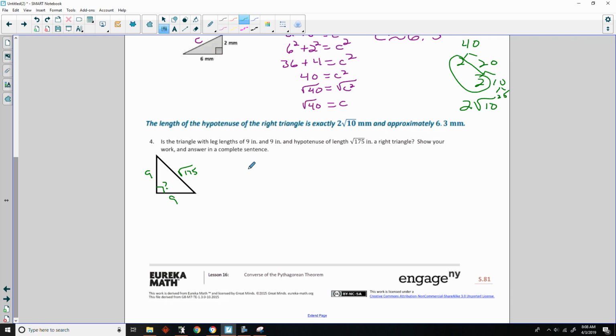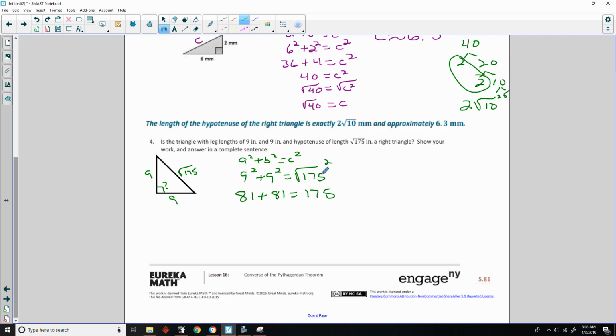All right, so I'm going to write the formula. A squared plus B squared equals C squared. A squared is 9 squared, B squared is 9 squared, and C squared is the square root of 175 squared. So 9 squared is 81, plus 81 equals 175?